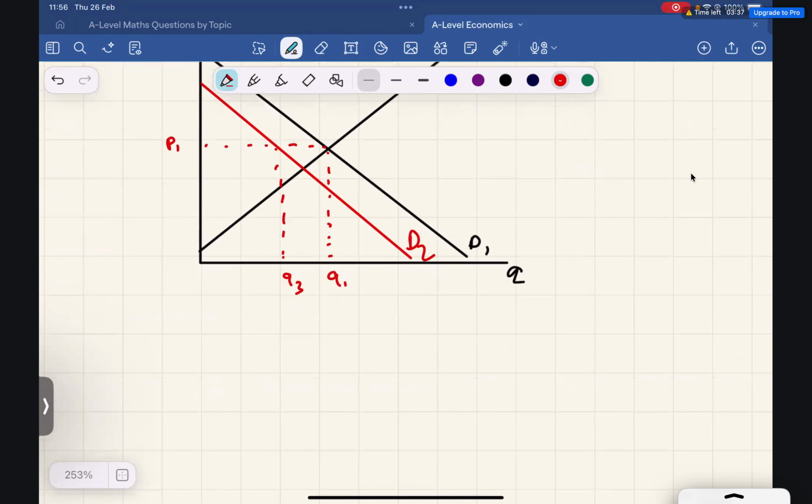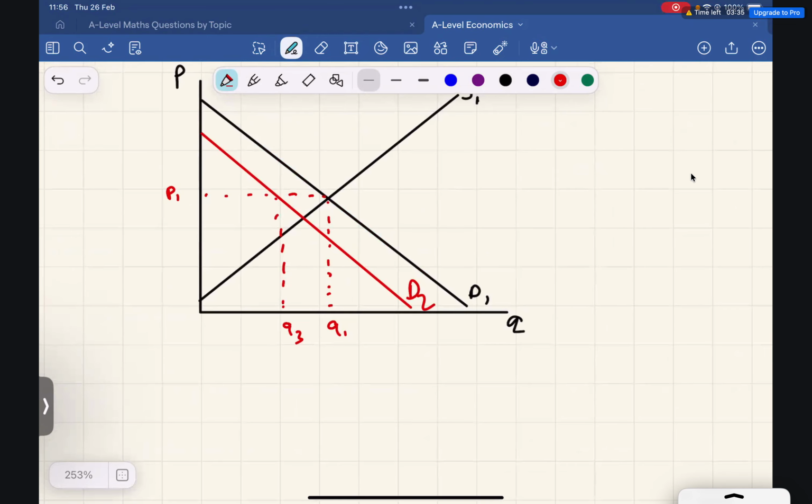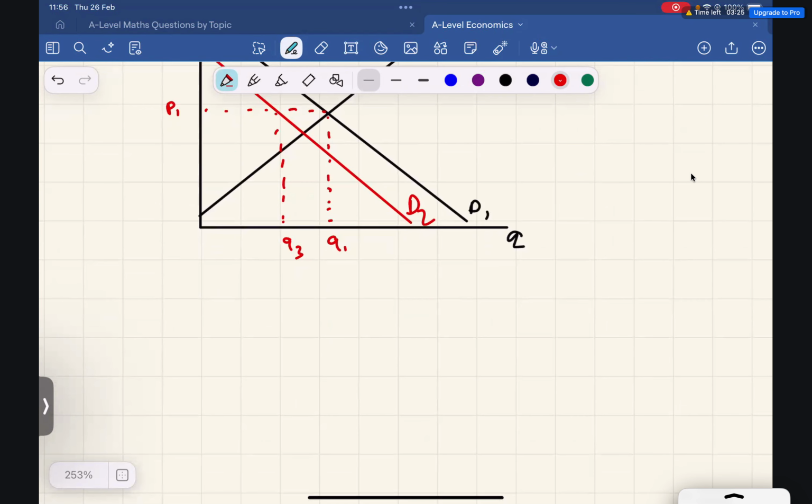So Q1 to Q3 is your excess supply, because at the same price, if nothing changes, there's too many people who want to sell it, but not enough people who want to buy it. And then which part of the price mechanism do we talk about first? Signal. Cool. So the market sends a signal that there is too much supply.